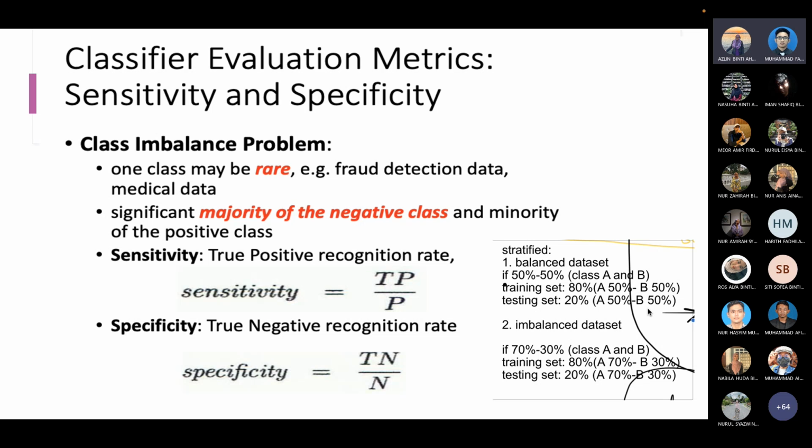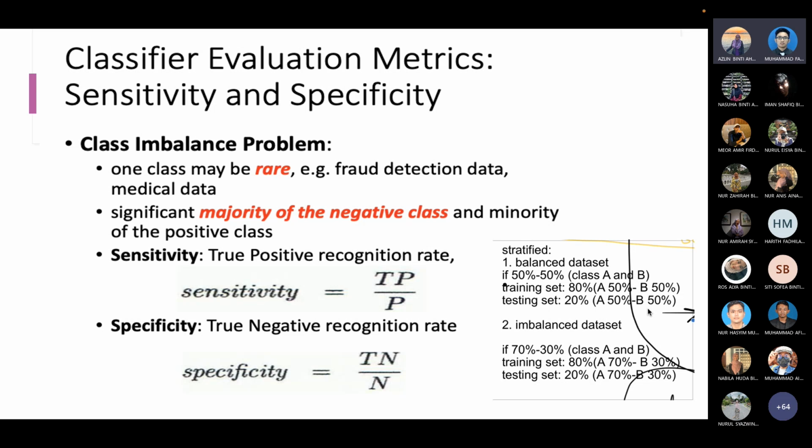Dalam 80% tu, 70% of your training data set tu must be class A and 30% of the 80% is class B. Okay, testing pun sama juga. So bila you buat macam tu, you akan dapat elak bias.